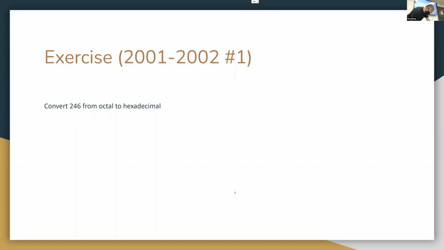Let's just do it. That would be 000, 001, 010, 011. You can just do this when you're working on the problem. You can lay out the table until I get to 246. All you need to do is single digits, right?